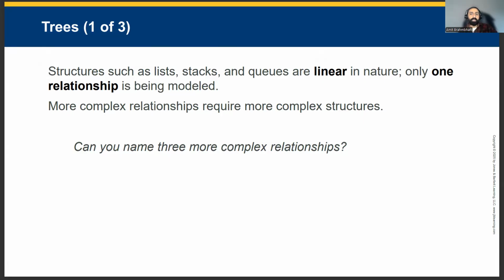That's where trees come in. Trees allow branching structures, representing hierarchical or multi-level relationships. Examples include organizational charts, file directory structures, and decision trees. When a problem involves multiple paths or nested relationships, linear structures aren't enough, and trees become essential tools.